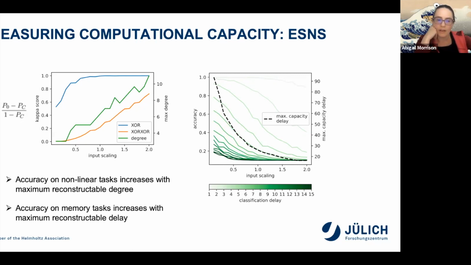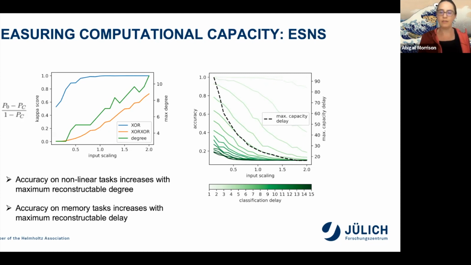And on the right-hand side, we're looking at a similar approach. Again, shifting systematically the input scaling from small values to large values, the maximum delay that can be reconstructed decreases. The green curves show us the accuracy of classifying a stimulus that was delayed by an increasing number of slots.